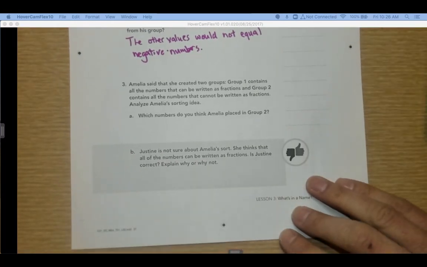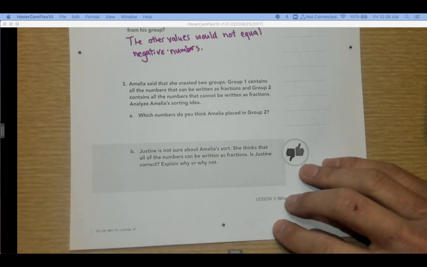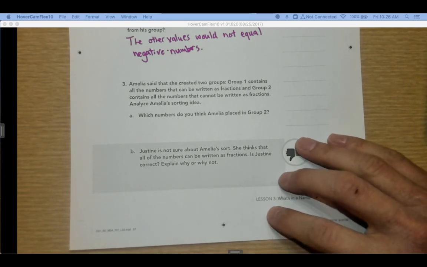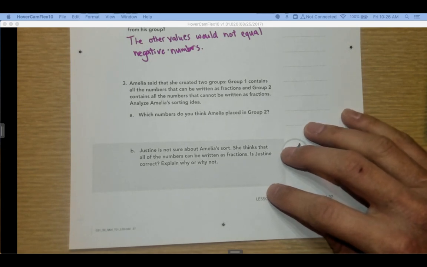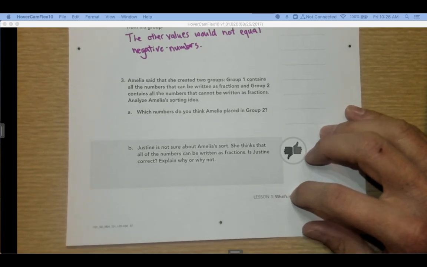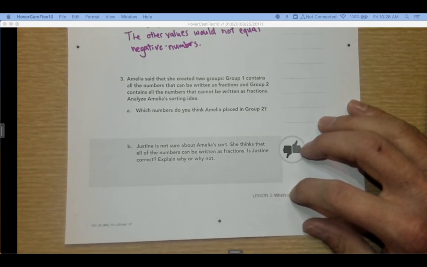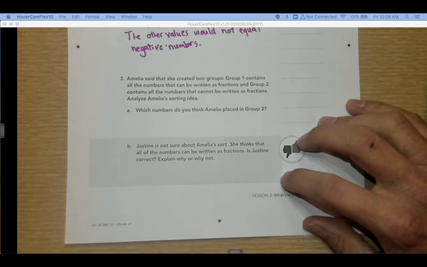Amelia said that she created 2 groups. Group 1 contains all the numbers that can be written as fractions, and group 2 contains all the numbers that cannot be written as fractions. Analyze Amelia's sorting idea. Which numbers do you think Amelia placed in group 2?